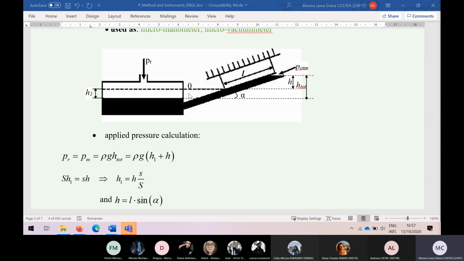And for the second one, once the apparatus is built, the angle is known.